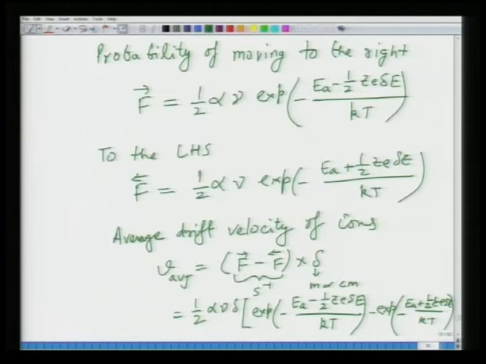It has become a little smaller, but this would basically be EA plus delta EA, and this is EA minus delta EA.